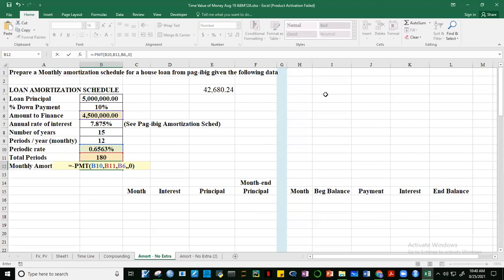Okay, isa pa lang. Sana makasampu, no? Mas maganda kung lahat mag-participate. I-answer nila kung ano yung amortization na babayaran natin. So I'll give a few more seconds to the rest.